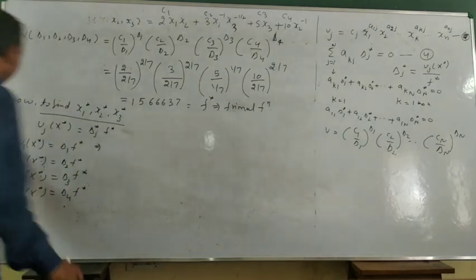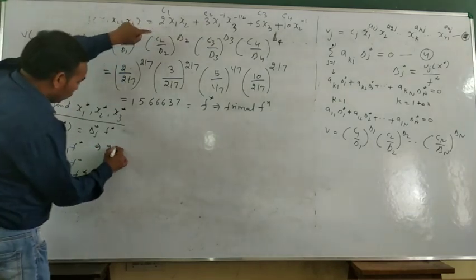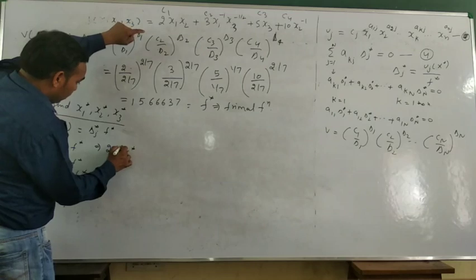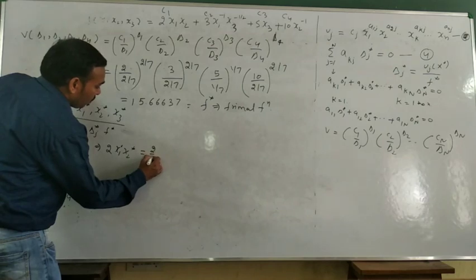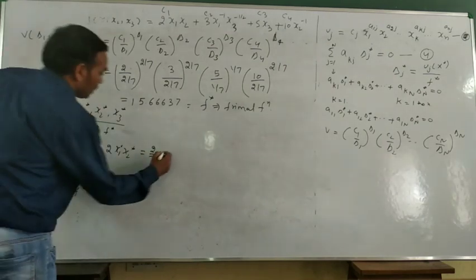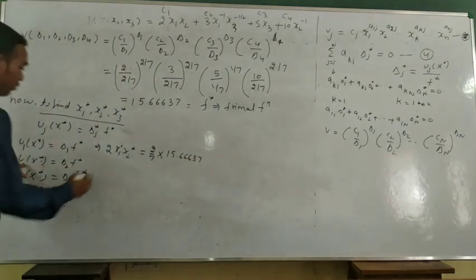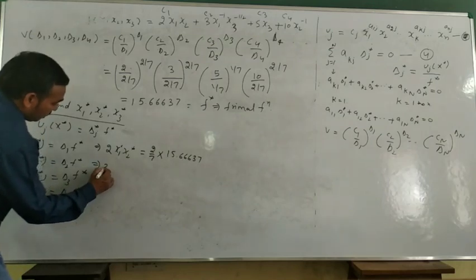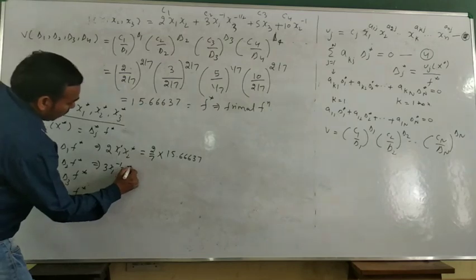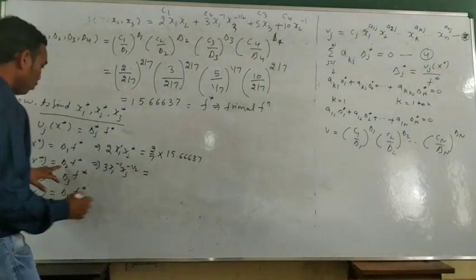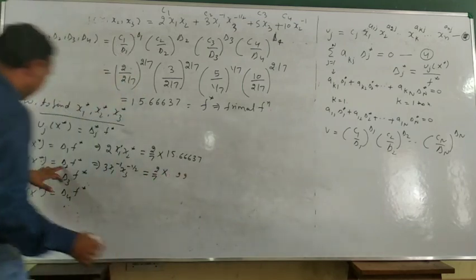Implies that here u1 equals 2 x1 x2, and del 1 equals 2 upon 7 into f star, 15.6637. And u2 star means 3 x1 minus 1 x3 minus half equals del 2, which is 2 upon 7 into f star.